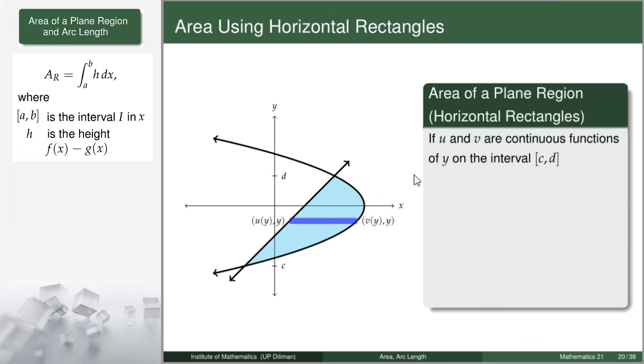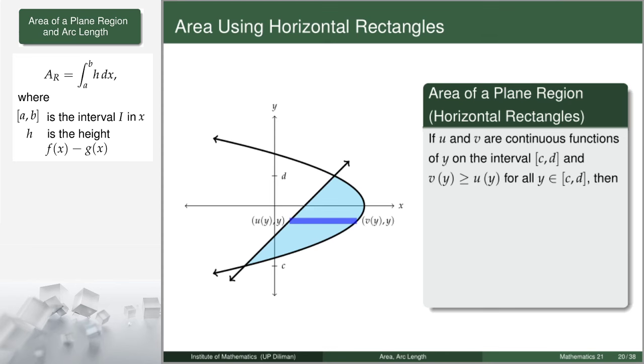If I have two continuous functions u and v of y in the interval [c, d]. Now c and d here, please take note, are values of y. So c is the bottommost value of y, and d is the uppermost value, or the greatest value of y, that is part of the region.